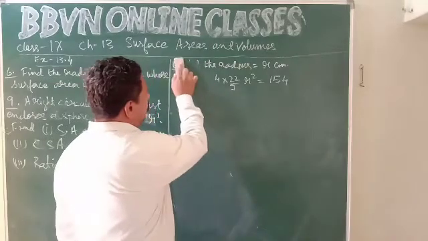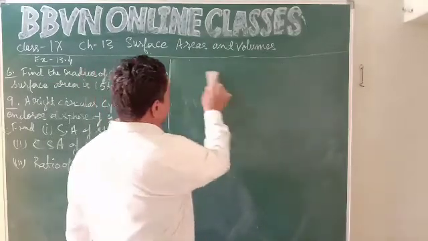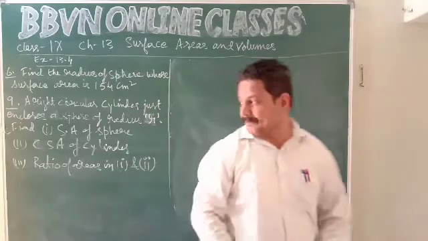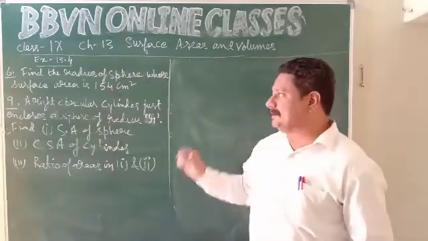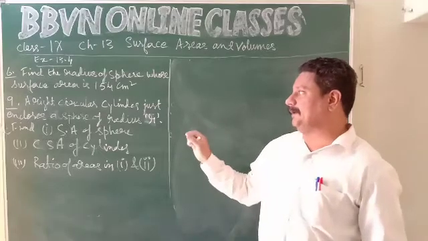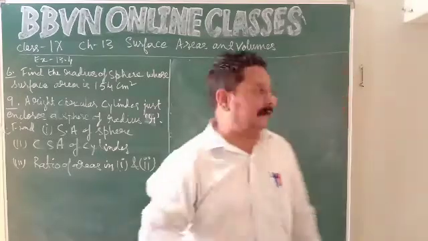Let's come to another question. You need to understand this question. Question number 9. A right circular cylinder just encloses a sphere of radius r. इसके डायग्राम को समझो आप.